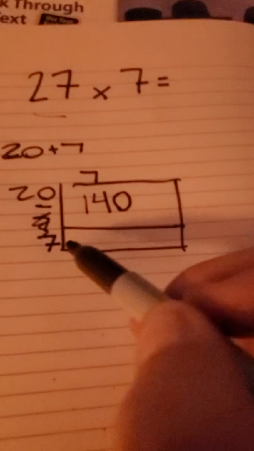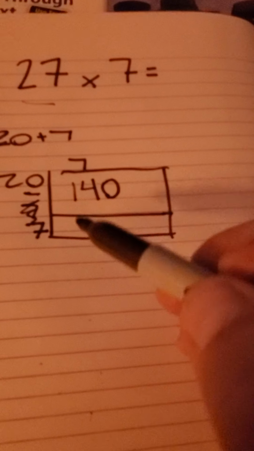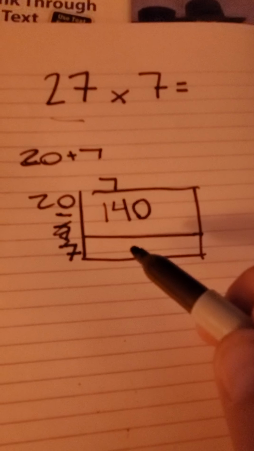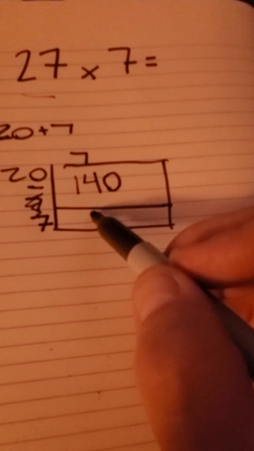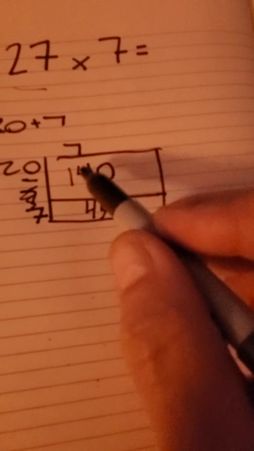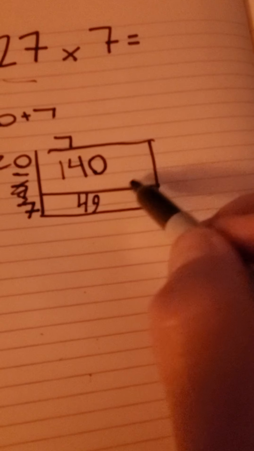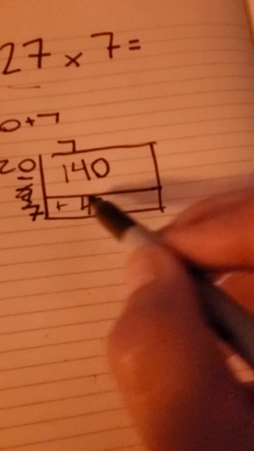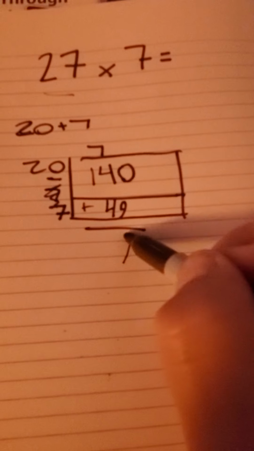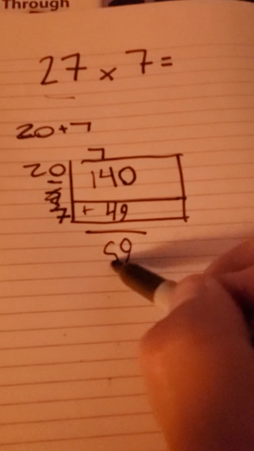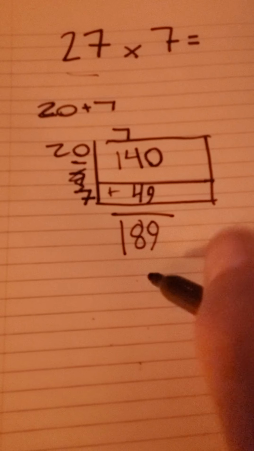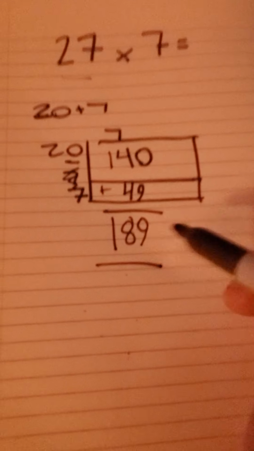And that's correct. 7 times 7, again, repeat addition, skip counting, using a multiplication chart. When you get there, you'll see that the answer is 49. And then, of course, we'll add them together. 0 plus 9 is 9, 4 plus 4 is 8, and 1 plus 0 is 1. For the same answer, 189.